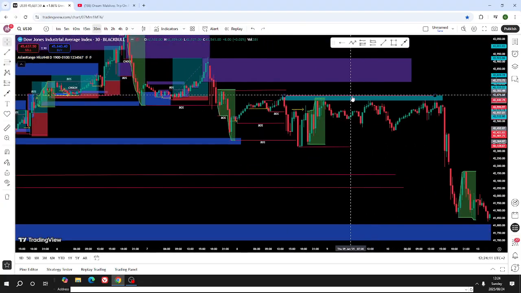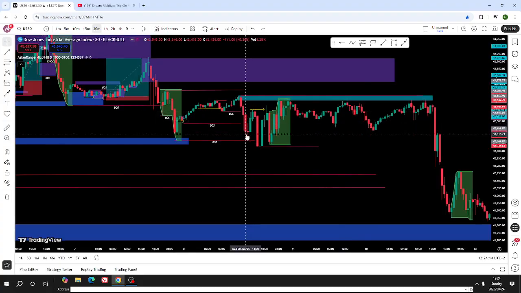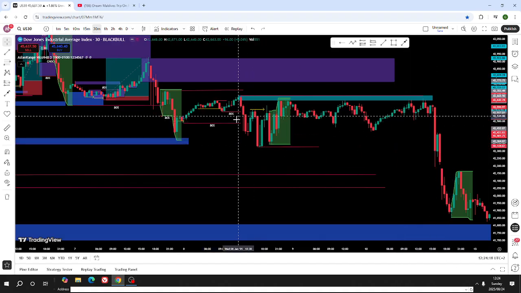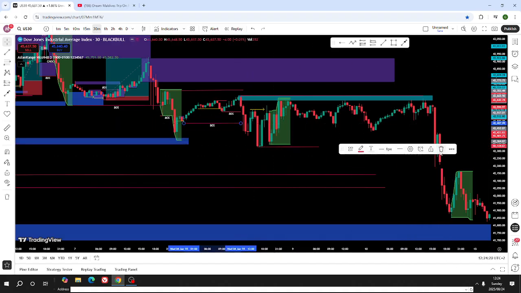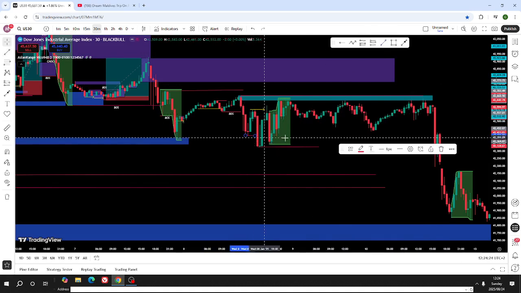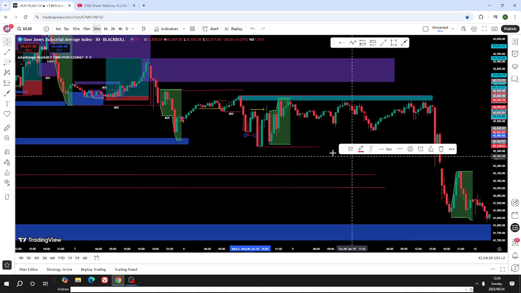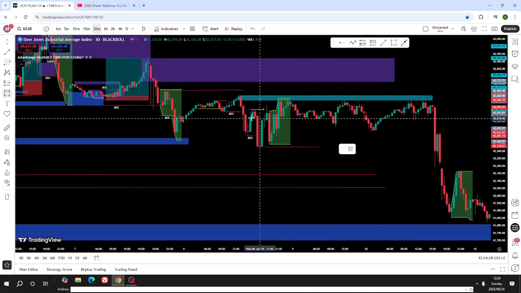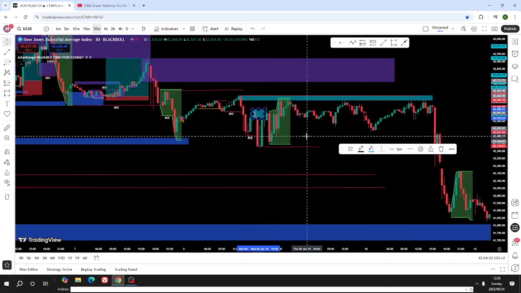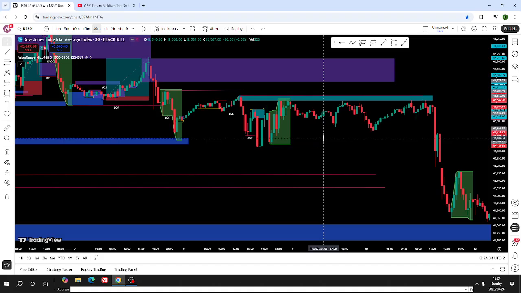Taking a look at what's happening right over here, as you can see we had a break of structure right over here. Let's delete this one. So we have a break of structure, BOS. What does this mean? This means we have an order block right over here. So yes, beautiful, that's our order block.